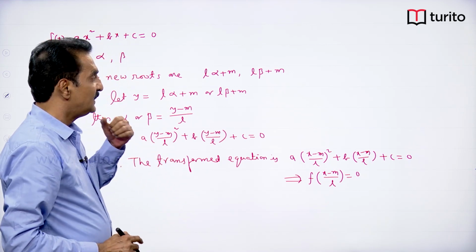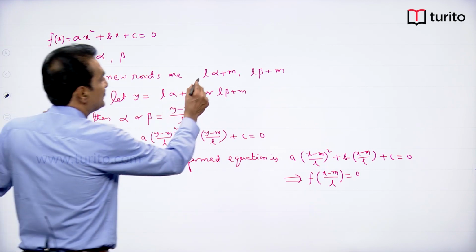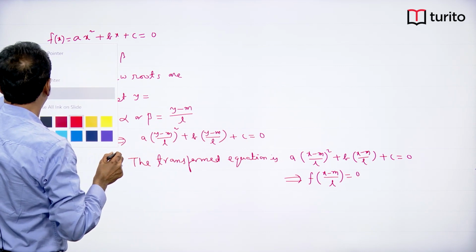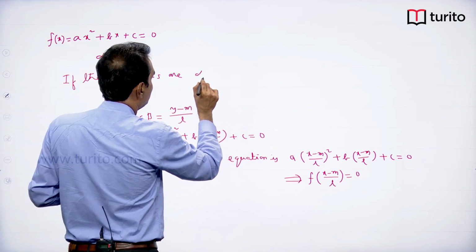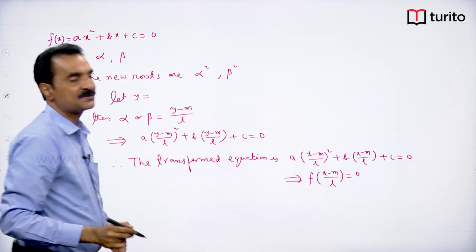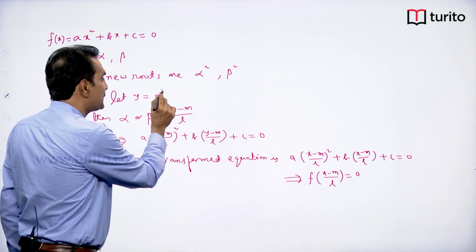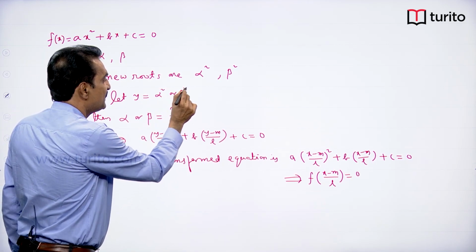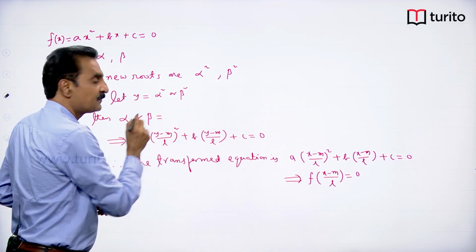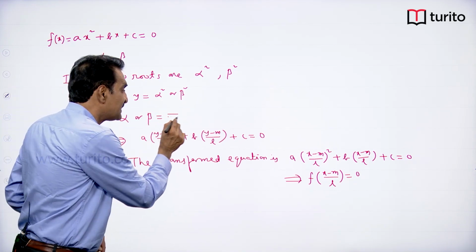That is f of (x minus m) by L is equal to 0. Okay. And similarly, if the roots are squared, if the new roots are alpha square and beta square, then if you take y is equal to alpha square or beta square, then alpha or beta will be equal to what? Plus or minus root y.